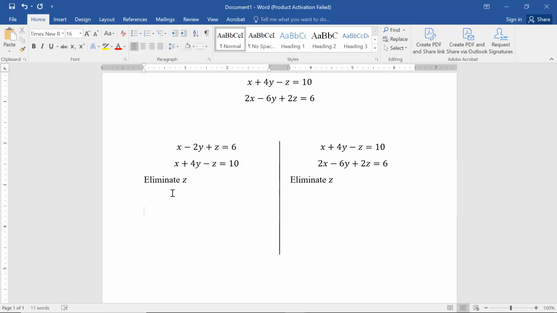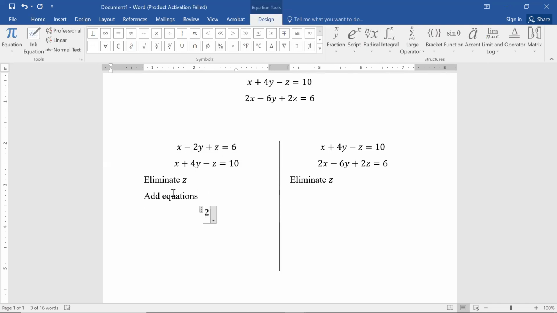That's because the variable z has opposite coefficients. So let's add the two equations together. So I'm going to get 2x plus 2y. My z's will cancel out, and I will have equals 16.